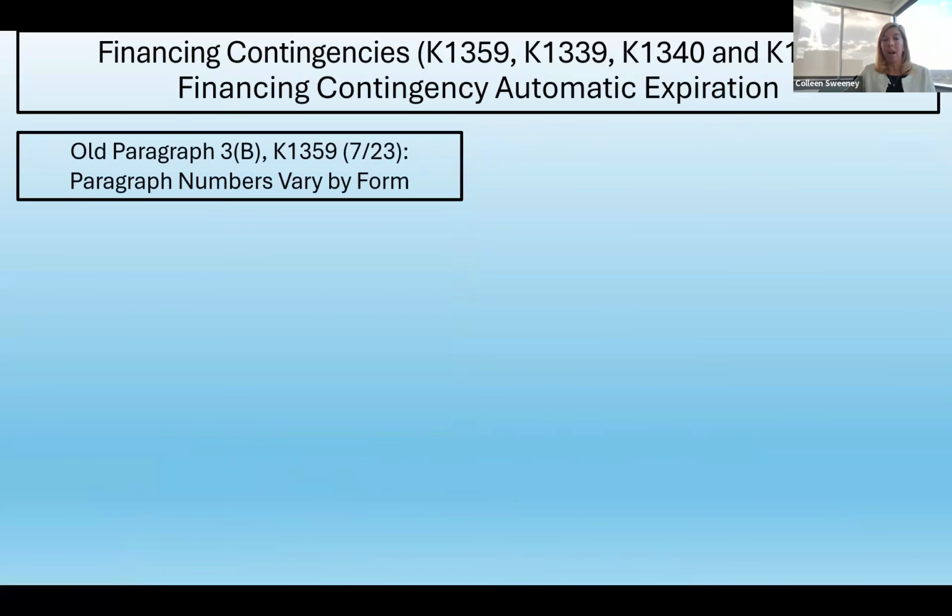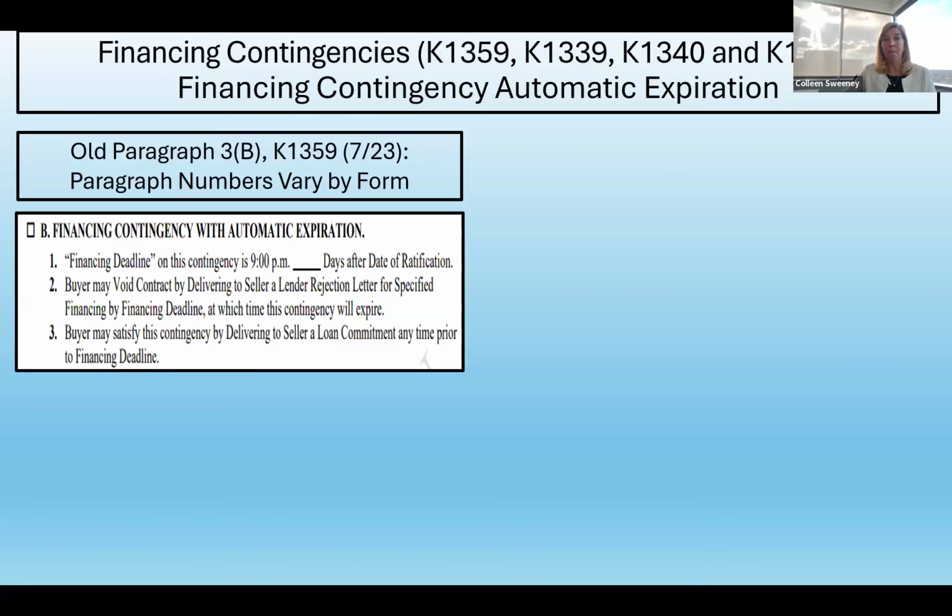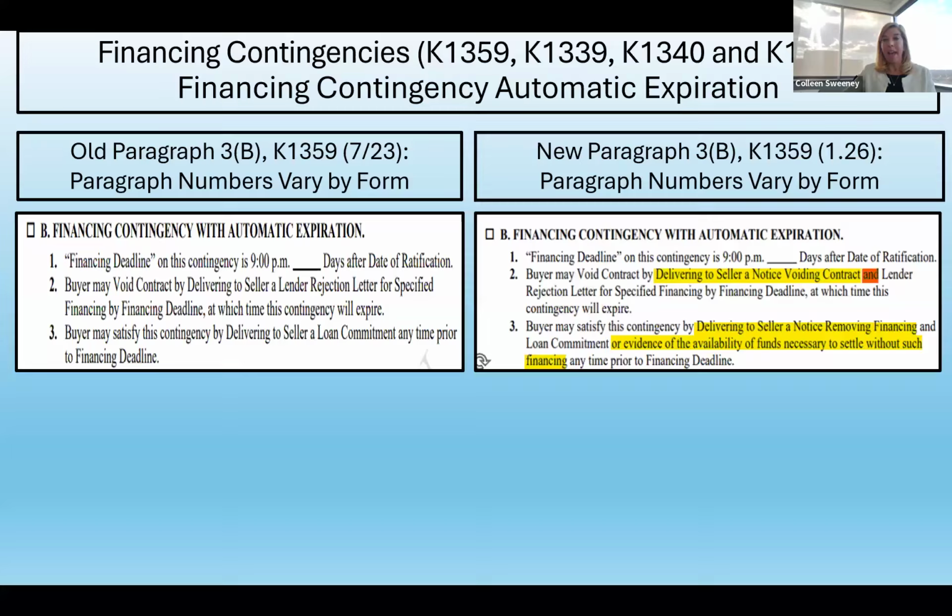All right. The financing, old paragraph 3B, and again, these references are to the conventional financing. Now I'll show you again how this has changed. Under buyer may void the contract by delivering seller a notice voiding the contract and the lender rejection letter.